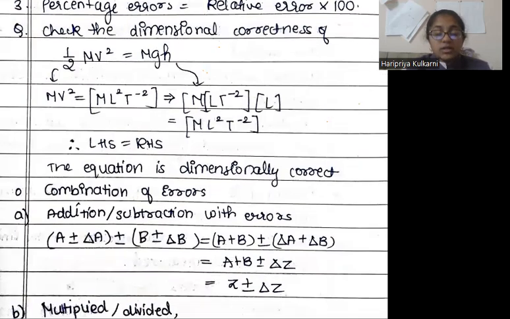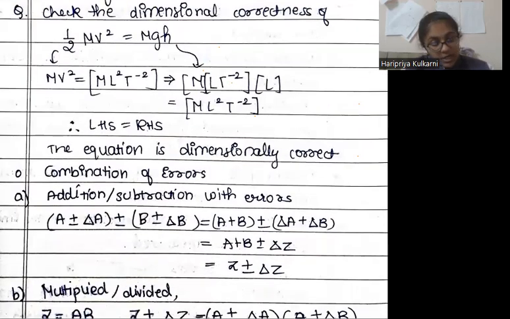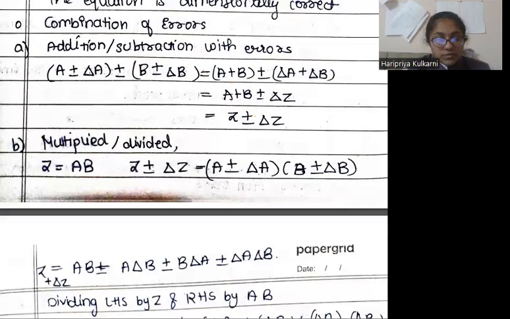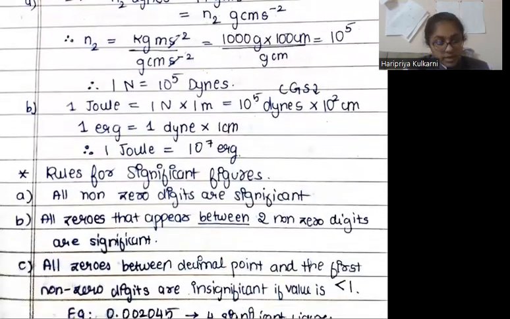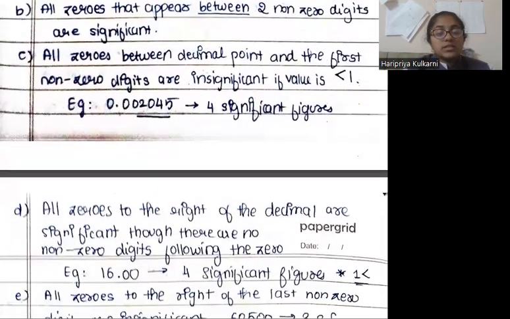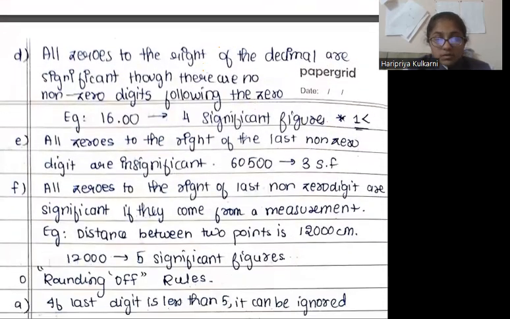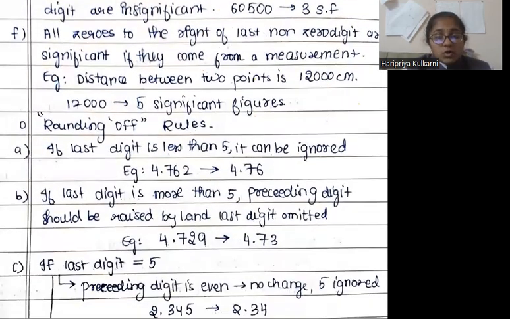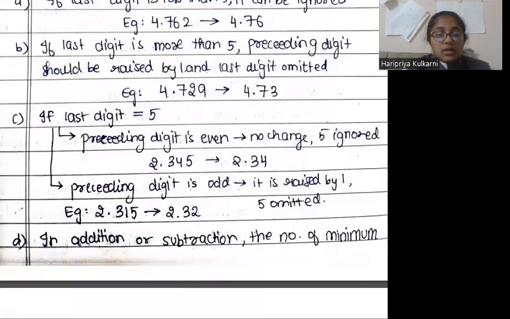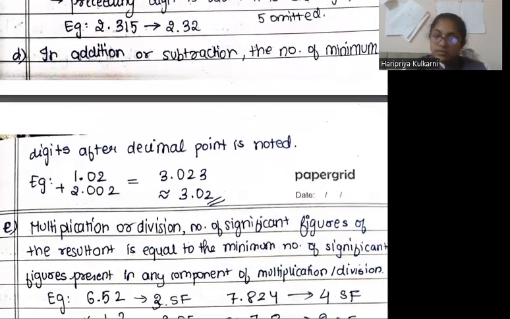Then combination of errors, that is addition and or subtraction, and multiplication or division of errors, right? And conversion into CGS units, rules for significant figures, right? In that we saw 6 rules, right? And we also saw rules for rounding off the numbers, right? In that we saw 5 rules.